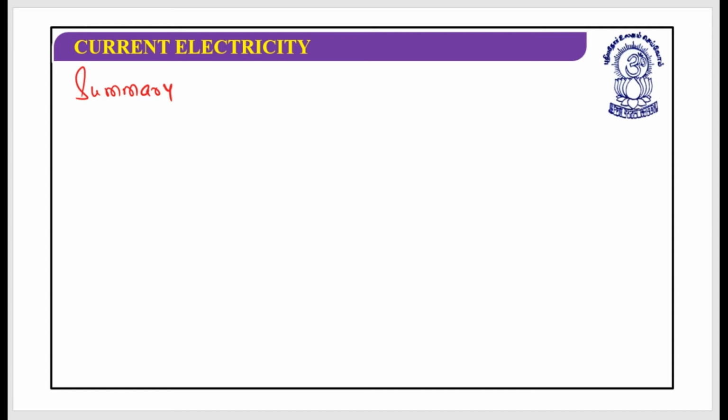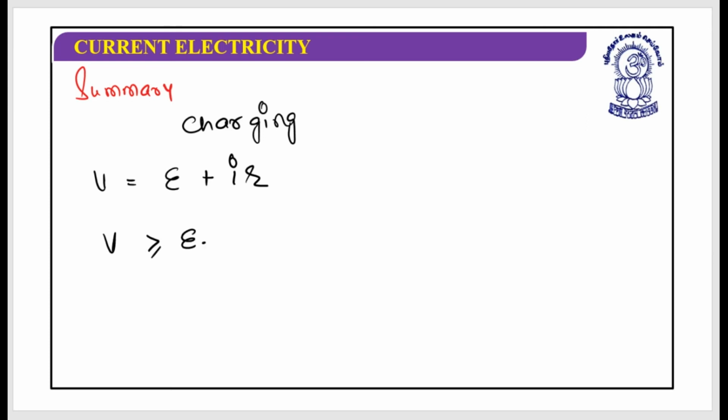If it is the case of charging of a cell, then V is equal to E plus I into R. So here terminal voltage is greater than or equal to EMF. This is the terminal voltage, and this is the EMF of the cell.